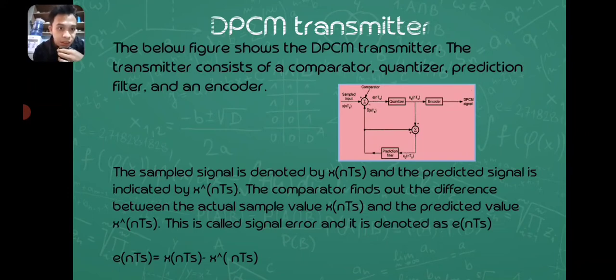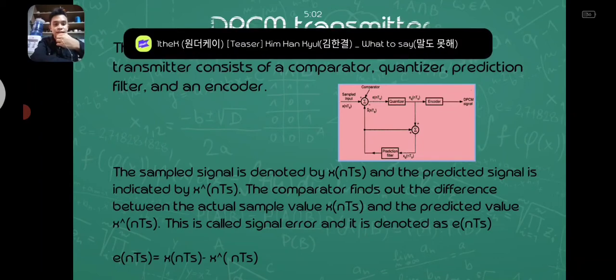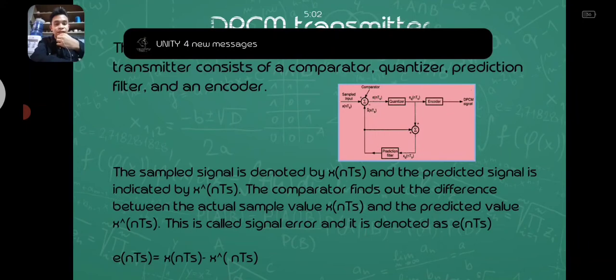The comparator finds the difference between the actual sample value x(nTs) and the predicted value x^(nTs). This is called the signal error and it is denoted as e(nTs). e(nTs) equals x(nTs) minus x^(nTs).